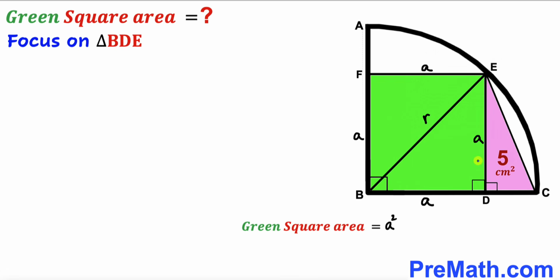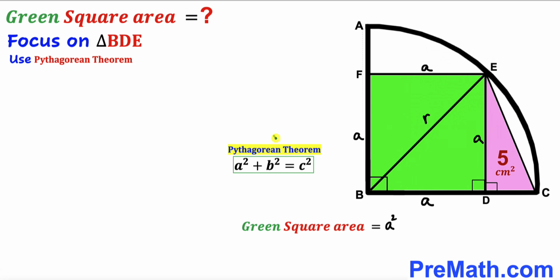We are going to focus once again on this right triangle BDE, and apply the Pythagorean theorem on this triangle. Here's our Pythagorean theorem: a squared plus b squared equals c squared. In our case, our hypotenuse is radius r, whereas our two other legs are lowercase a and lowercase a as well. Let's fill in the blanks: a squared plus likewise a squared equals r squared.